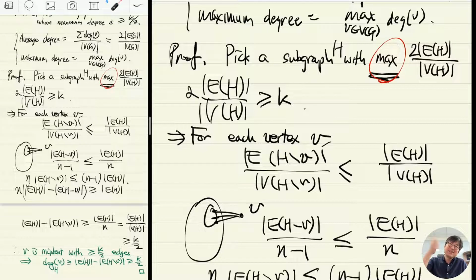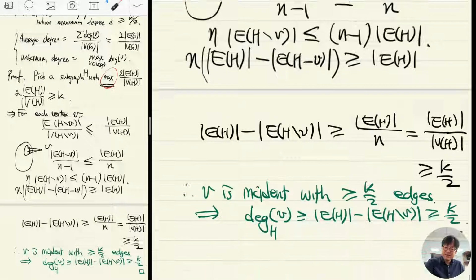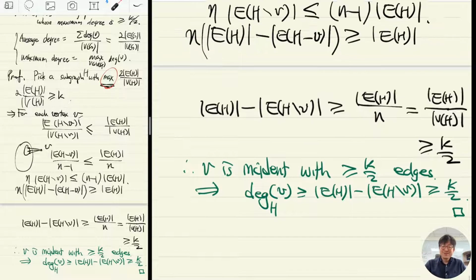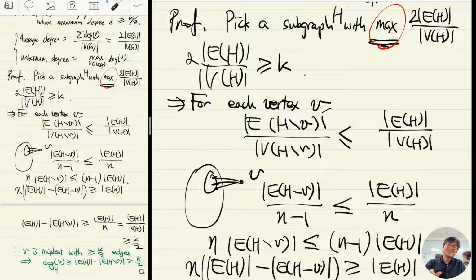You keep deleting vertices whenever it increases average degree, and at some point you will be stuck. And then that's when the minimum degree is at least k over 2. This can be implemented efficiently, right? It's a polynomial time algorithm. So even though I didn't write the proof in an efficient way, this still gives you the efficient algorithm.